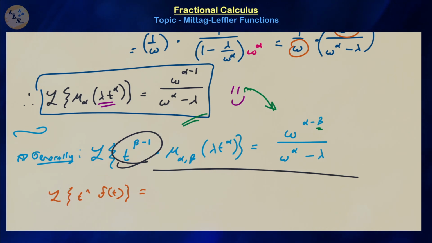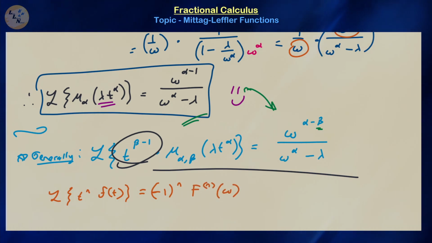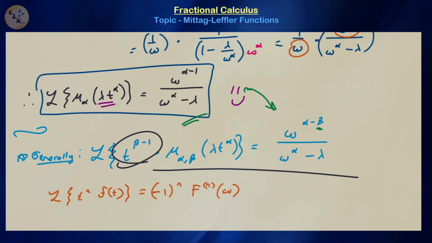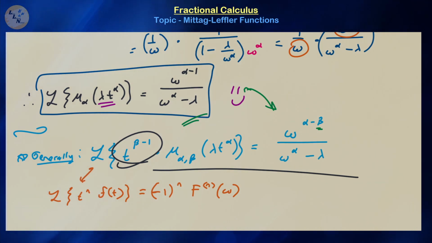Remember that this is equal to negative 1 to the power of n times the nth derivative of the Laplace transform of f. So the derivative of the Laplace transform is related to the Laplace transform of the product of a monomial term and that function. Now you can see why that structure is very, very important.